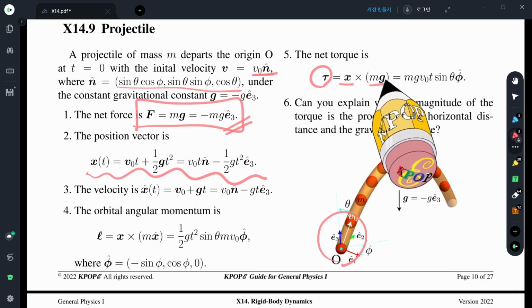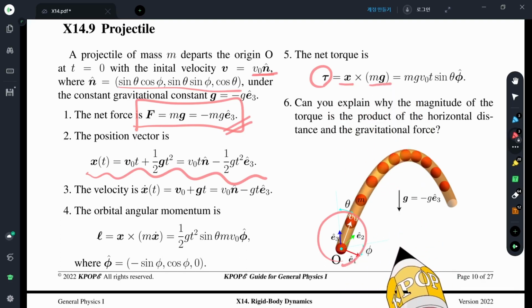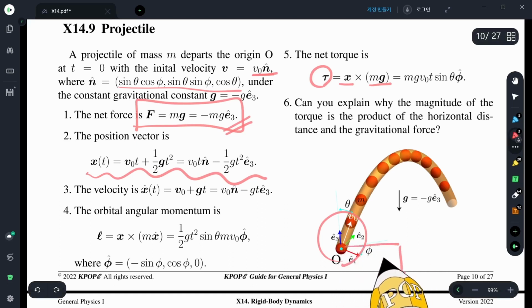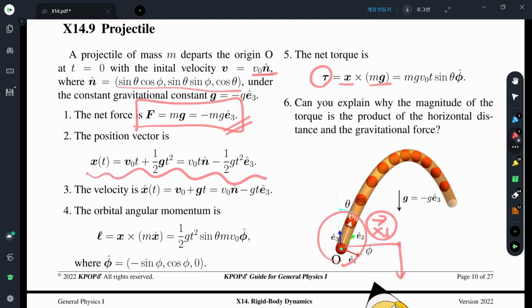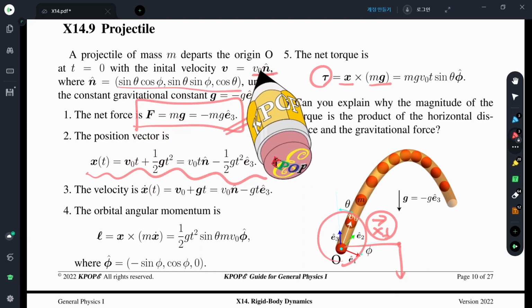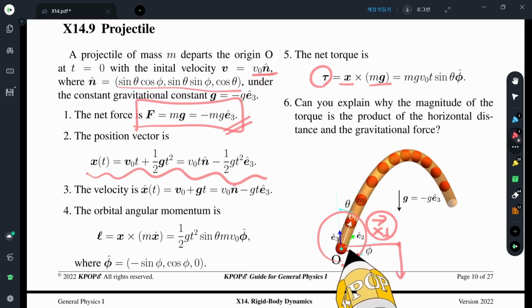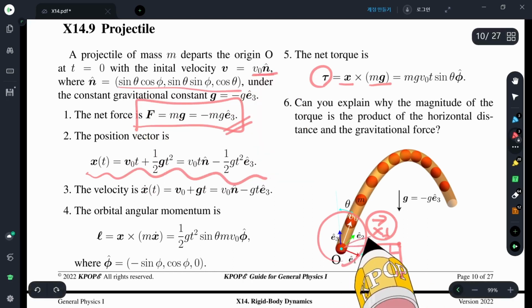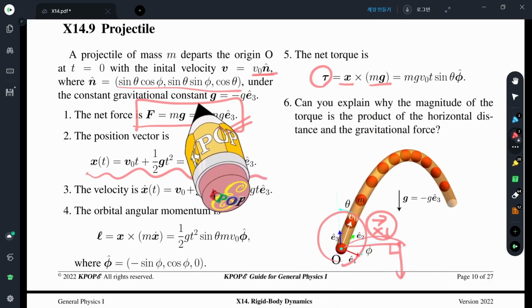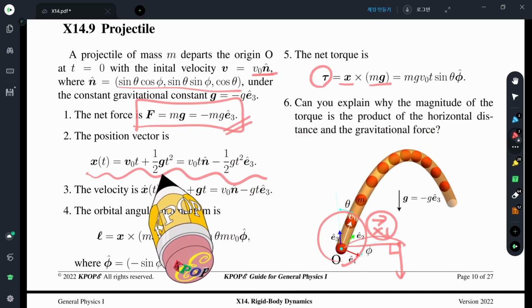And the cross product involves only the perpendicular component, the lever arm. The initial velocity is v0, and the perpendicular component, that is the horizontal displacement, matters because the initial position is 0.